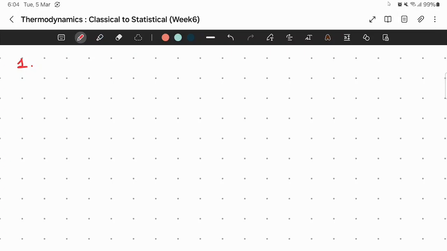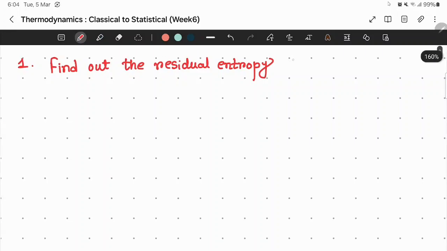The first question is: find out the residual entropy for the following molecules.